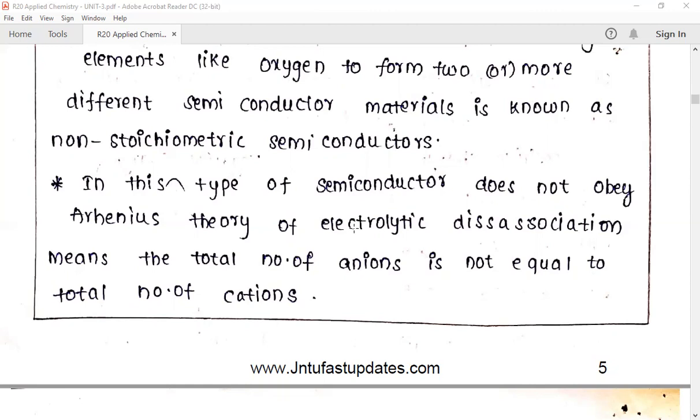That is the Arrhenius theory of electrolytic dissociation. But non-stoichiometric semiconductors do not follow it, which means the total number of anions is not equal to the total number of cations.